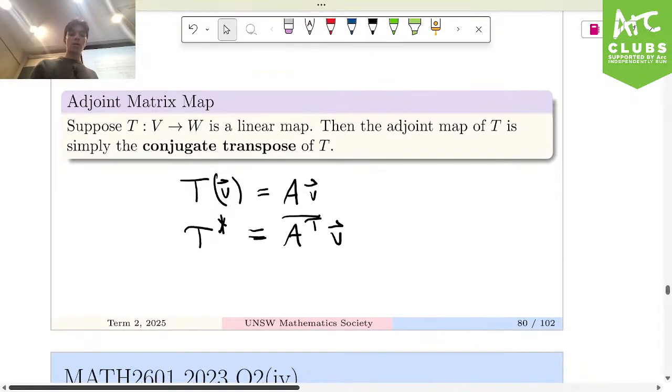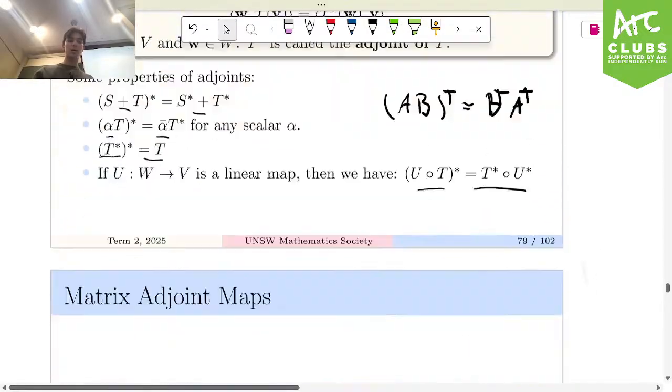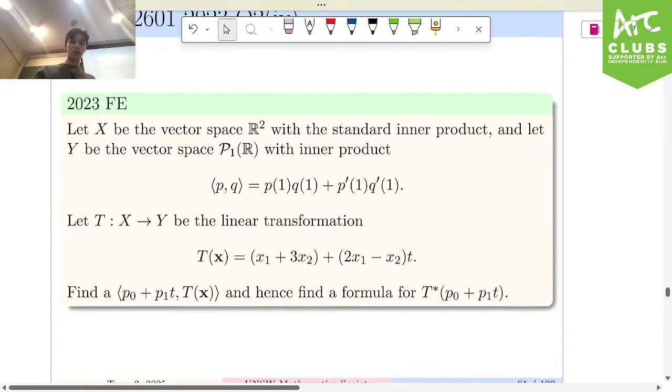For this reason, we also write as shorthand that A star, where A is a matrix, is the conjugate transpose of that matrix. That's how we were using A star before, if you recall.